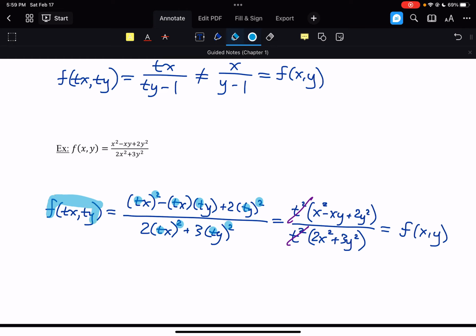So f of tx ty equals f of xy, found using algebraic simplification and manipulation. So this function is homogeneous.